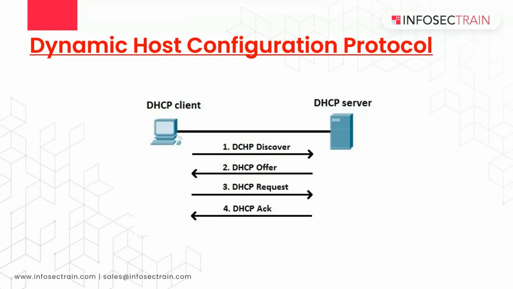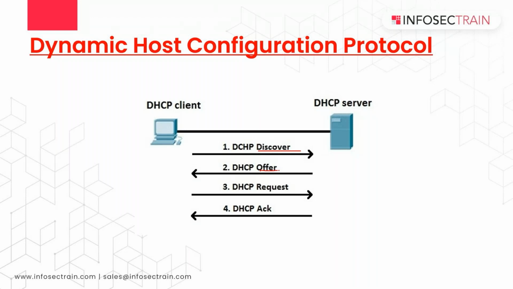Now, what happens? The DHCP process, DORA, happens, right? First, a discover request goes, right? So what does the client do? The client sends a discover request to a willing DHCP server, right?